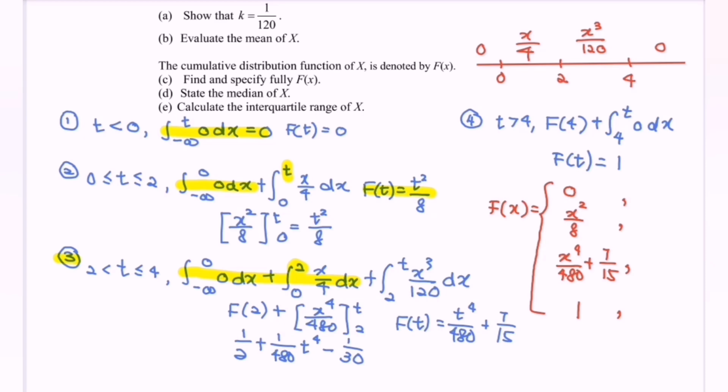So we have the range or the domain: x is less than 0, then x is greater than or equal to 0 and less than or equal to 2, x is greater than 2 and less than or equal to 4, and finally x greater than 4. So that is the CDF.